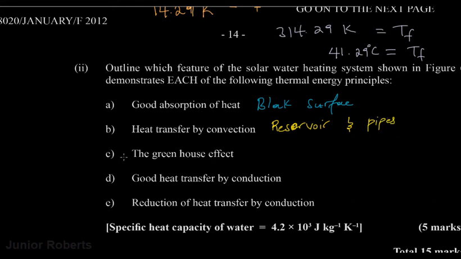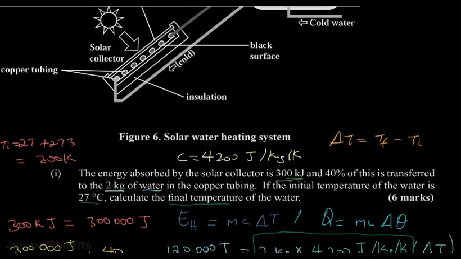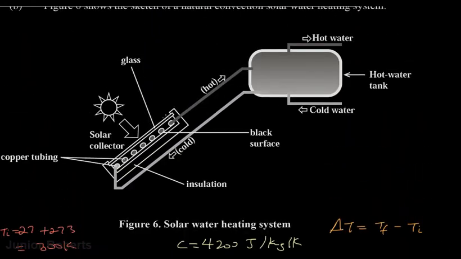Right, now for the greenhouse effect, again we can look back at our diagram, right, and we see that we have a glass here. Right, now what this glass is responsible for is to trap in any unabsorbed radiation or thermal radiation from the sun that actually passes through. Right, so we're going to have high energy thermal radiation passing through.